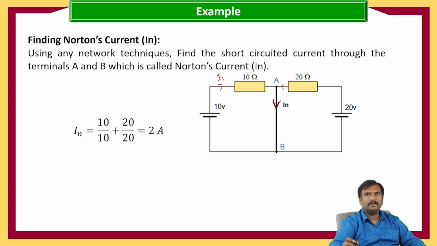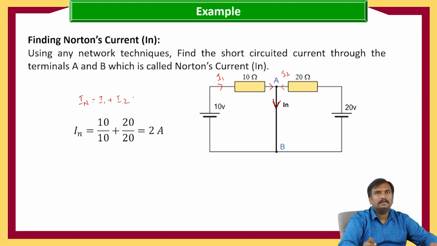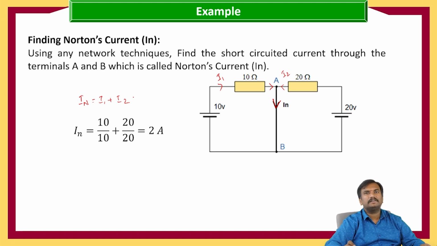Current flowing from the 10 volts is I1. Current flowing through 20 ohms is I2. And these two currents are going in the same direction. So IN is equal to I1 plus I2, where I1 is equal to, here we have only one voltage source in series with the resistance.